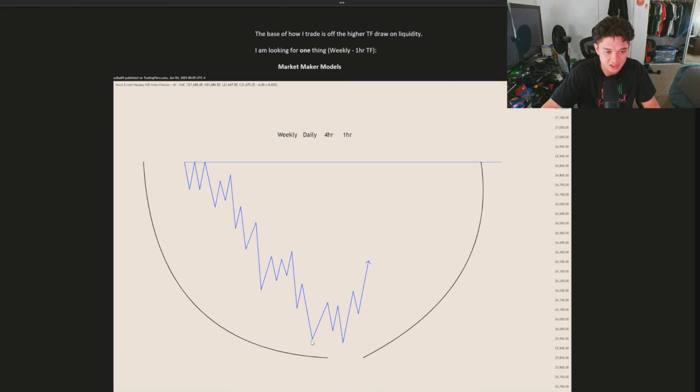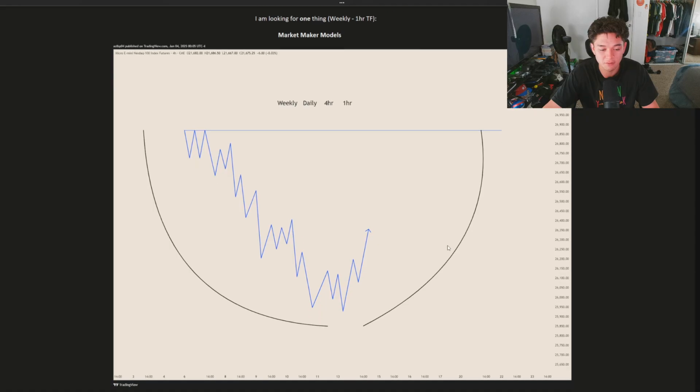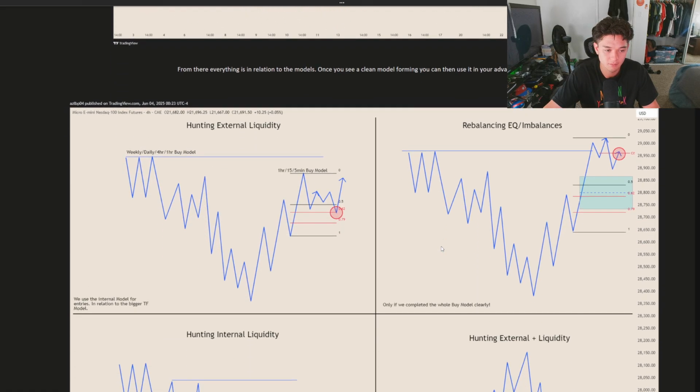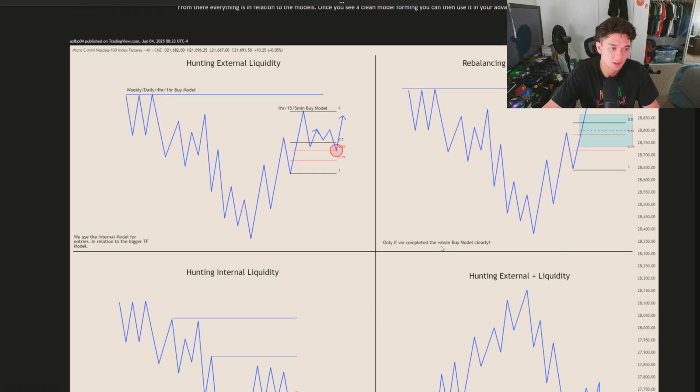Because this is how the market moves, with these models. And especially with price being so bullish right now, I want to see these forming on the 1-hour and 4-hour time frames, because we already have one on the weekly time frame. Now I'm just looking for more to align with that. So then I'm looking here in relation to the model. I want to see where we're at.